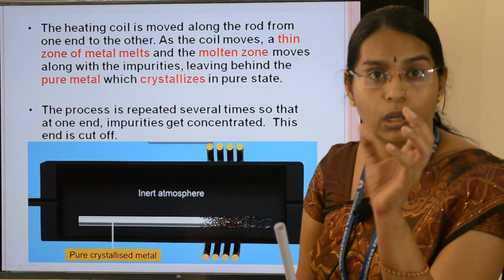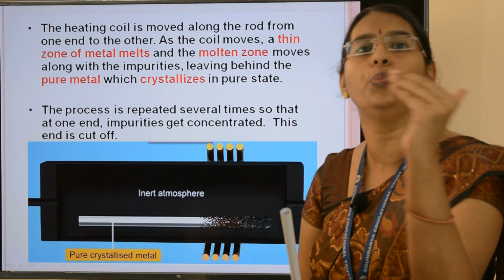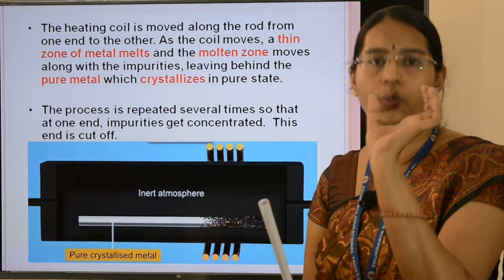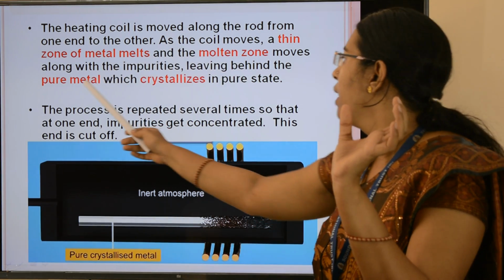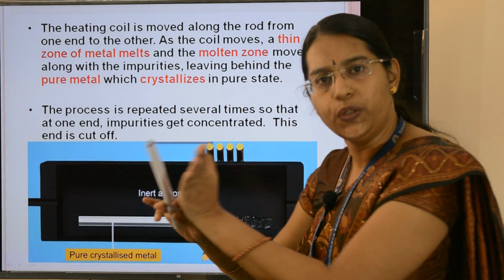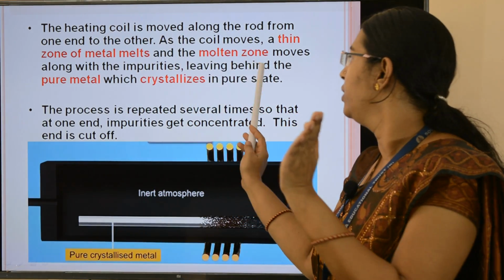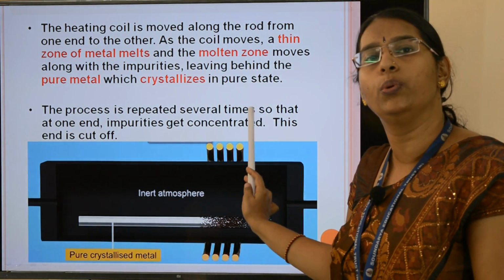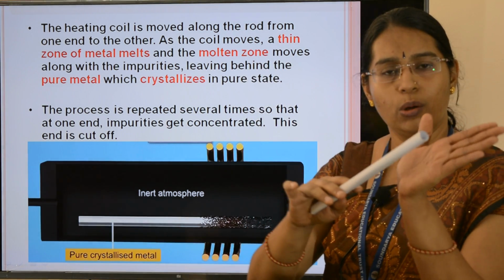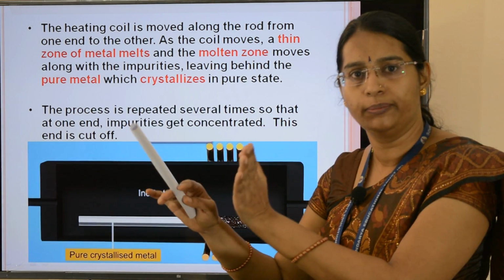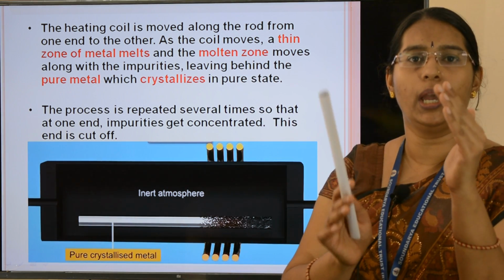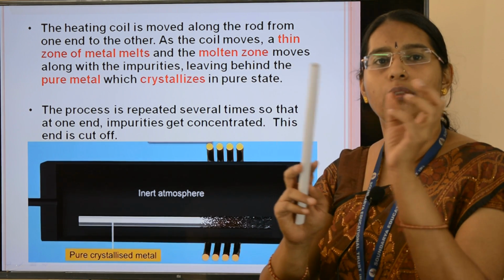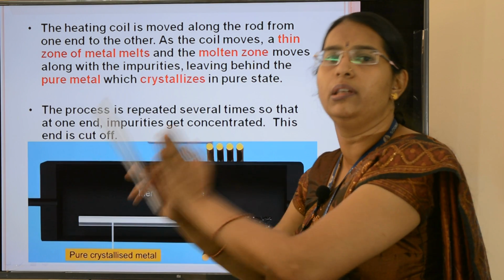That molten zone containing the impurities moves, whereas the pure metal stays in the same position. And as the coil moves further, the pure metal which is left behind crystallizes in its purest form. So as the coil moves forward, on the left side you get the pure metal, whereas all the impurities dissolve in the molten zone and move along with the heater coil.